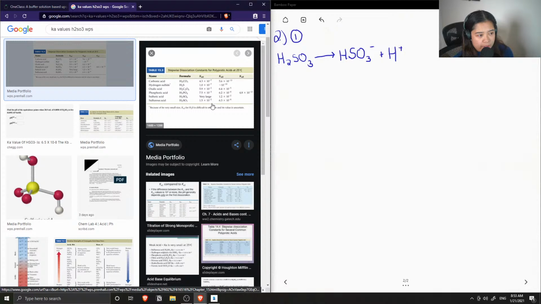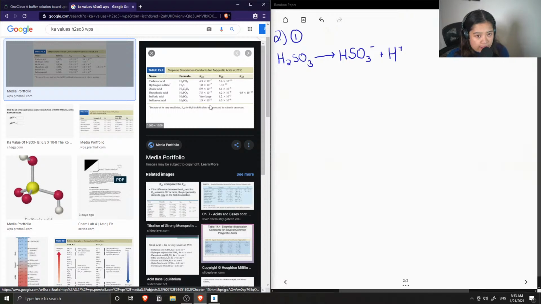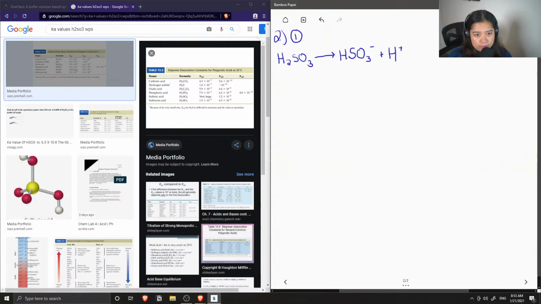Its Ka1 value is equal to 1.5 times 10 to the negative 2. So I'm just going to write that down. Ka1 is 1.5 times 10 to the negative 2.